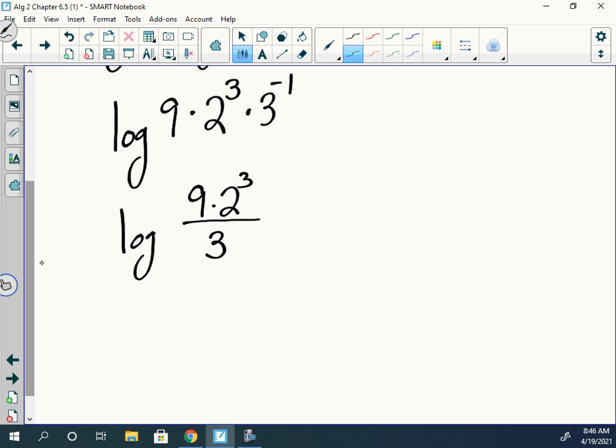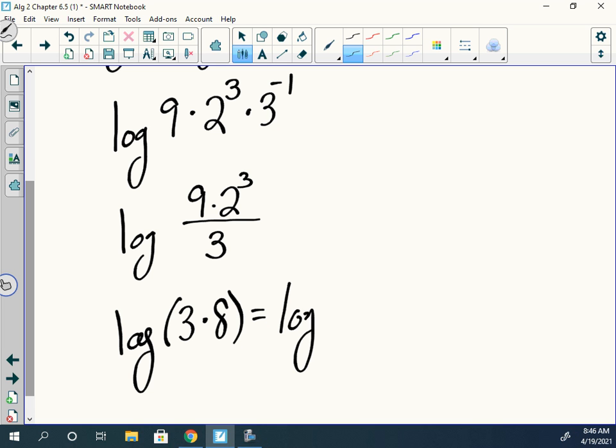Will 9 over 3 simplify? 9 divided by 3 is 3, yes? What is 2 to the third? Can I take 3 times 8? Which is?